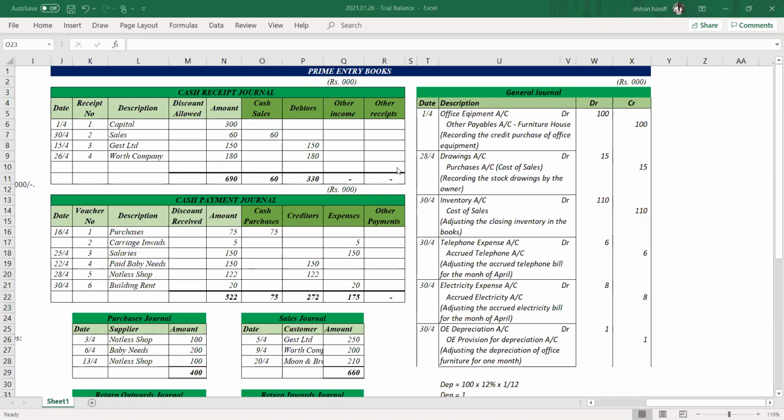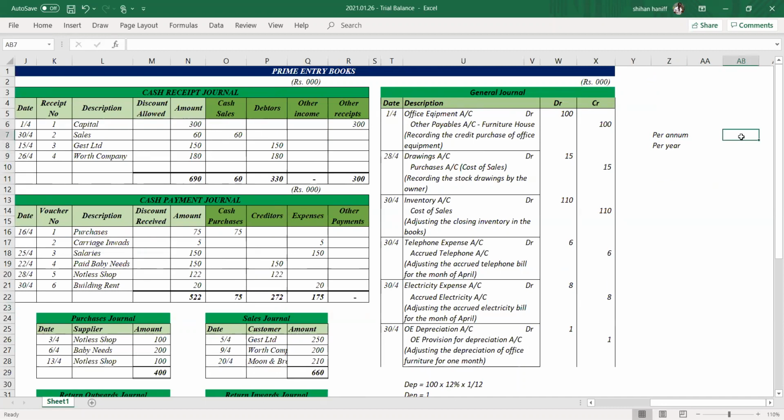Per annum means per year. Biannual means 6 months.